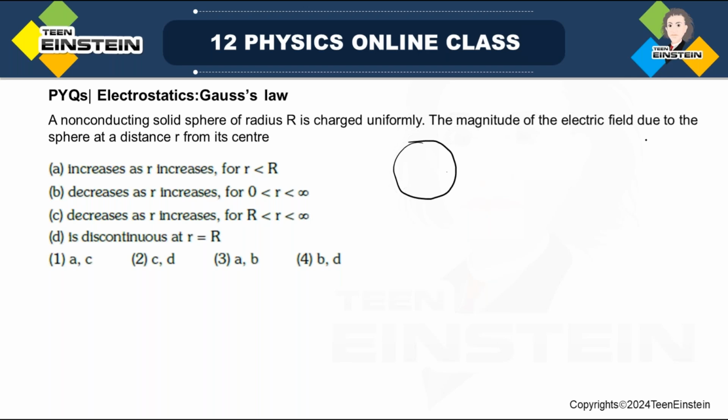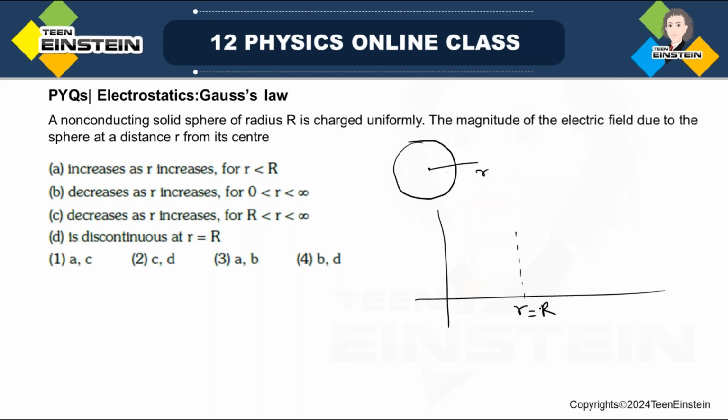So look, the magnitude of the electric field due to the sphere at a distance r from its center. So here r is varying from the center, and you have to say how the electric field varies with this r.